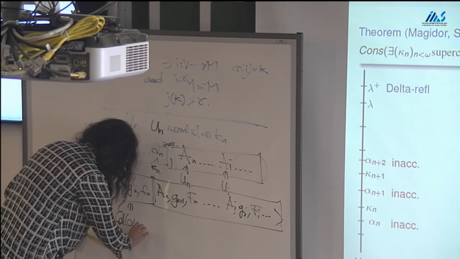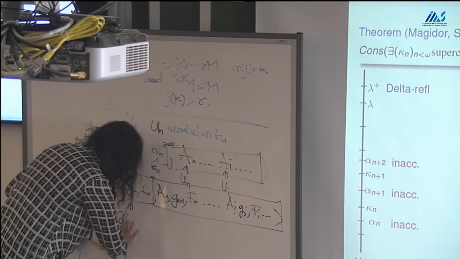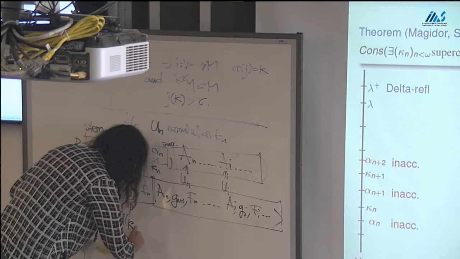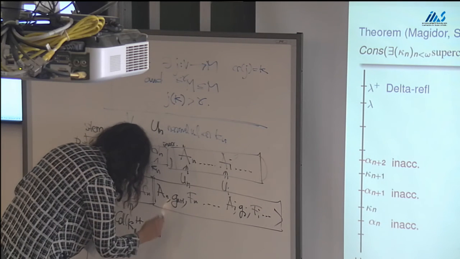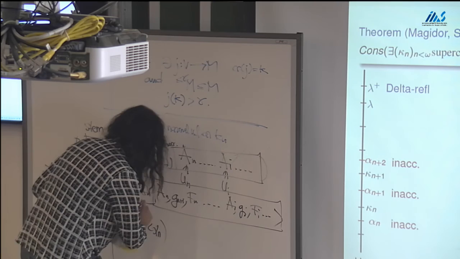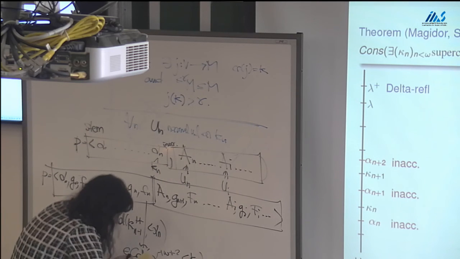I messed up with the indexes, so let me correct it. And F_n is in the forcing that collapses cardinals between alpha n plus omega plus 2 and kappa n.